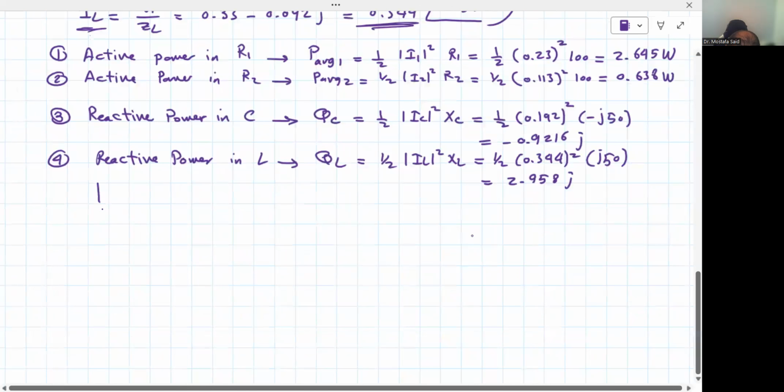If you have a source like that, it's called a voltage source. Let's first start with a voltage source. This is very important.